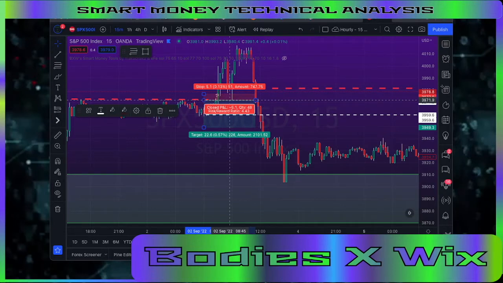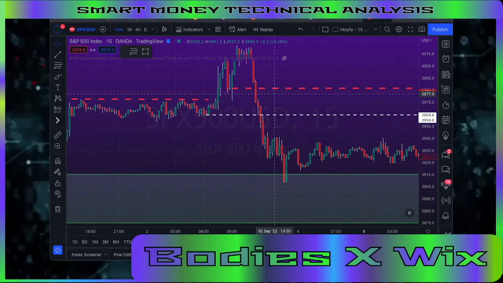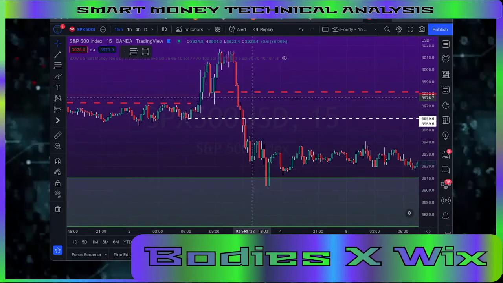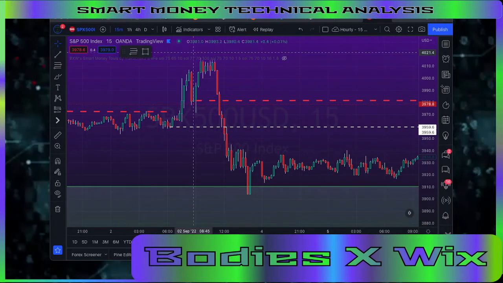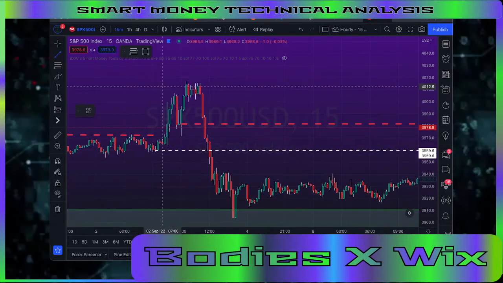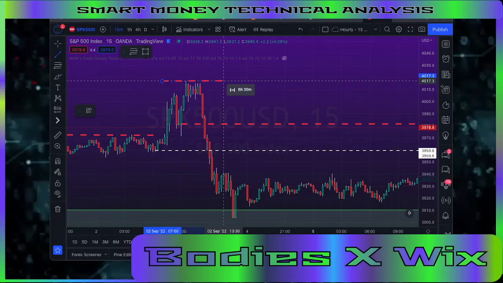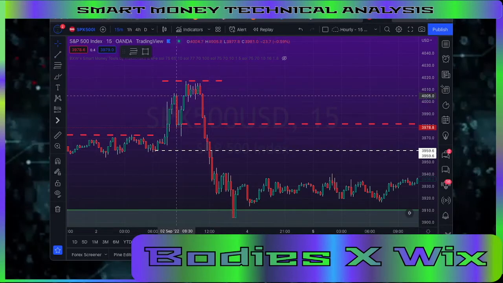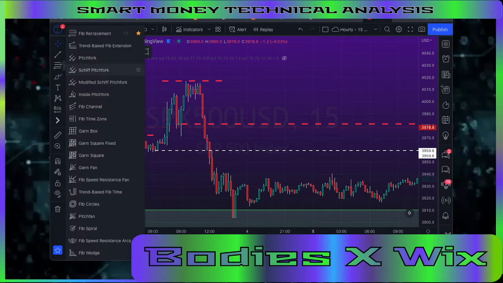And as it comes up and makes these highs here, these equal highs, right? You also have some fair value gaps happening in here, right?